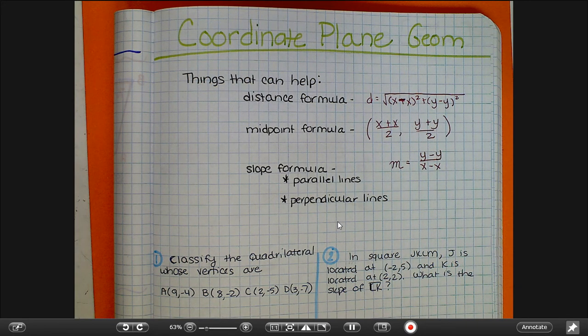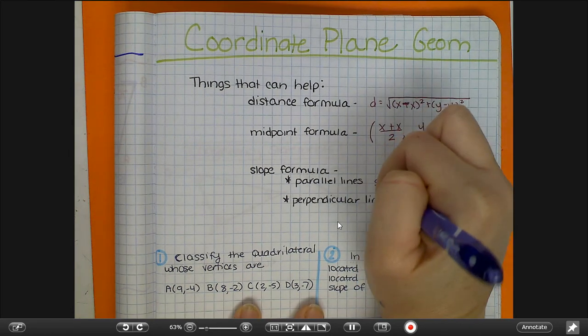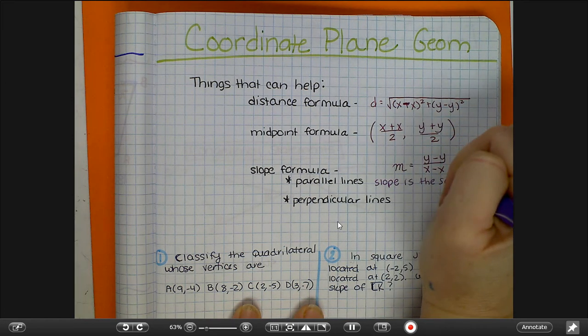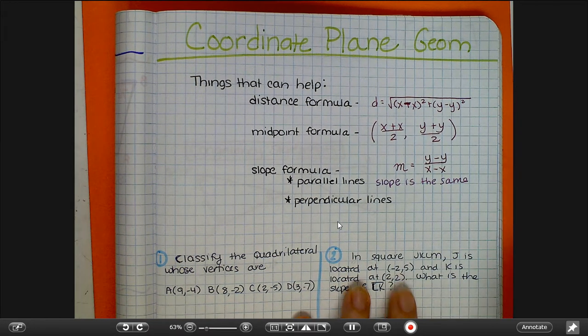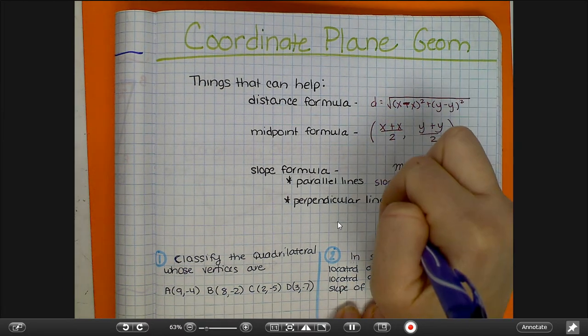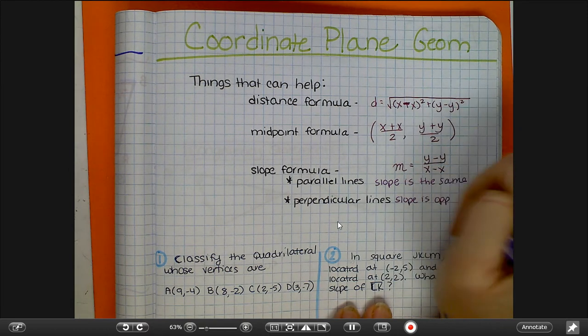And something you may or may not have learned is that the slope of parallel lines is the same. So if I gave you two lines and the slopes were the same, you would say those lines are parallel. For perpendicular, the slope is the opposite reciprocal.